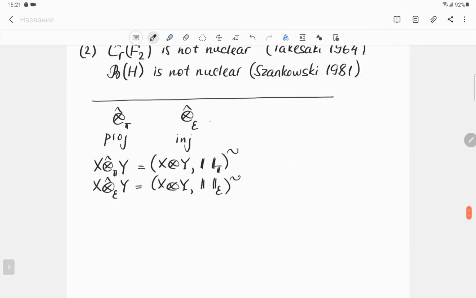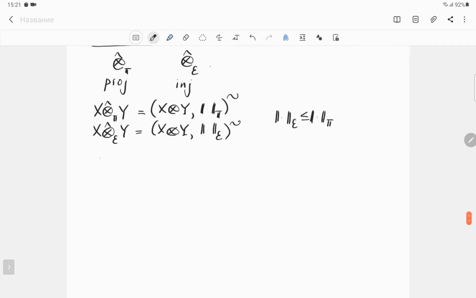And in particular, we have the following inequality. And this inequality gives us the following canonical map from the projective tensor product to the injective tensor product. In general, this map is not surjective and is not injective, but it extends the identity map on the algebraic tensor product.